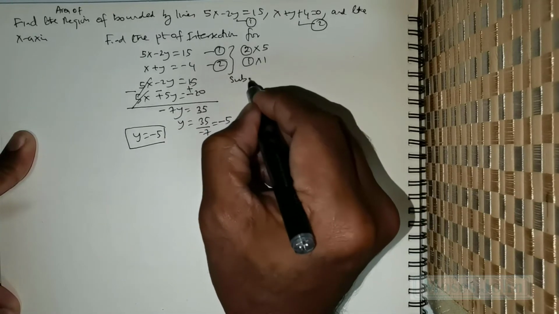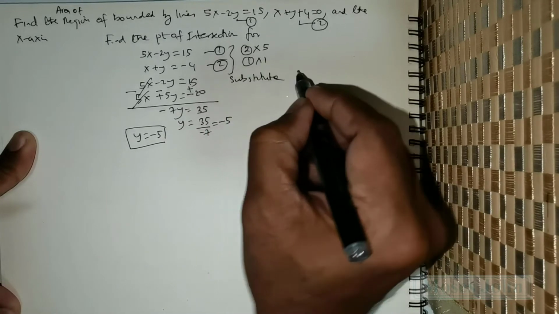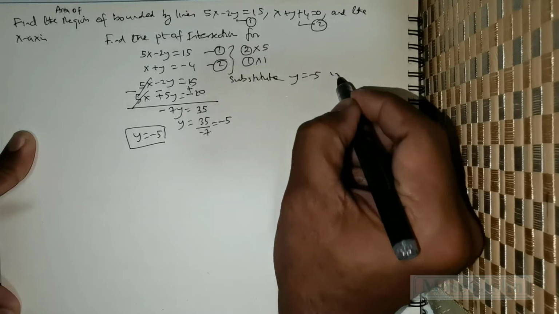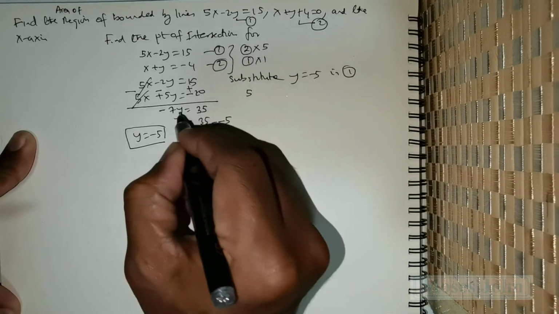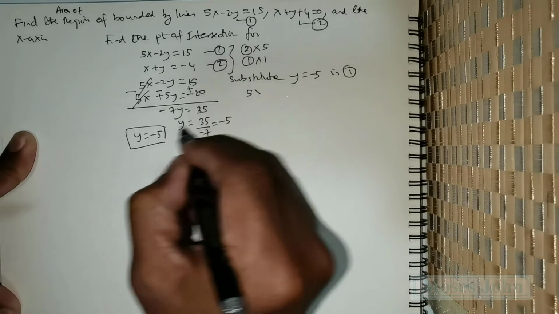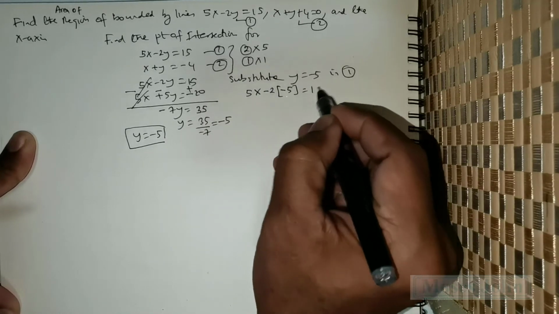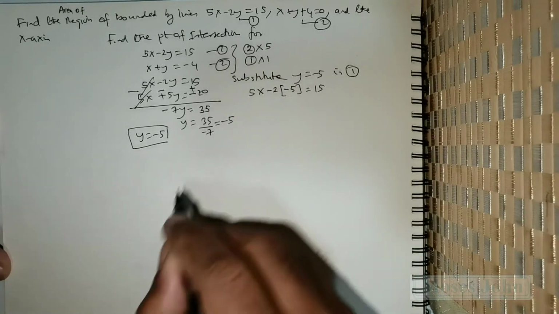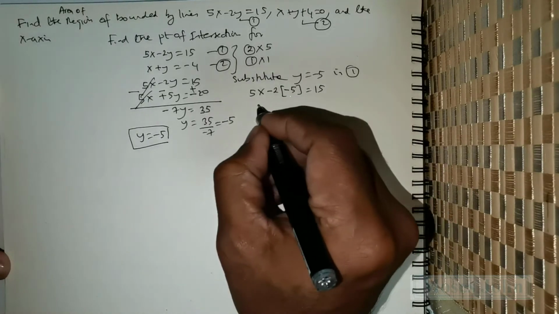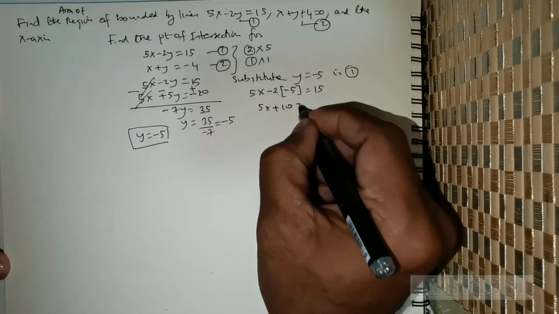Now substitute y = −5 in 1. So we have 5x − 2 times (−5) = 15. So this is going to be 5x + 10 = 15.